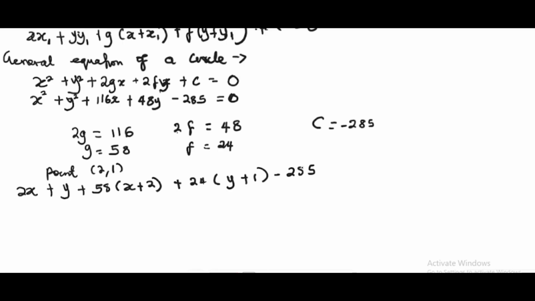So simplifying, we will have 2x plus y. 58 times x will give us 58x, plus 58 times 2 will give us 116. 24 times y, we have 24y, plus 24 minus 285 is equal to 0.